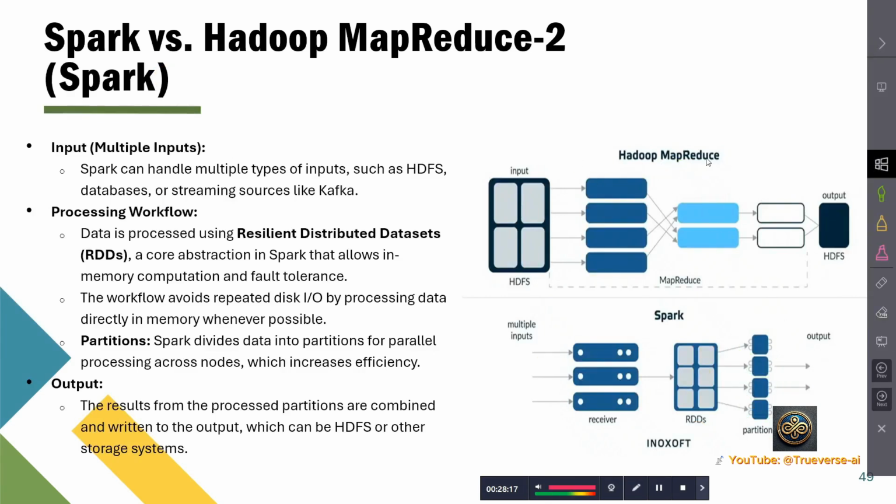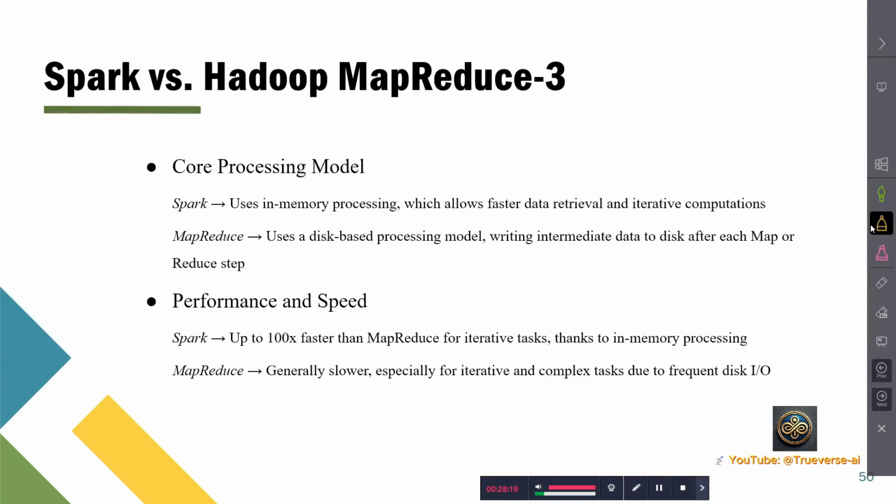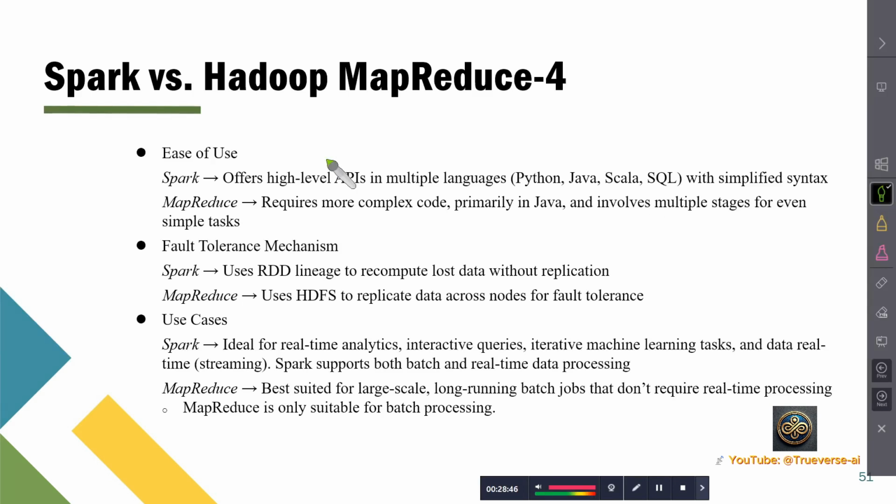So, two more slides. Core processing in Spark is based on memory, but MapReduce is based on the hard disk. So MapReduce is generally slower compared to Spark because it is disk-based. Spark offers high-level APIs in many languages, but MapReduce is primarily Java.